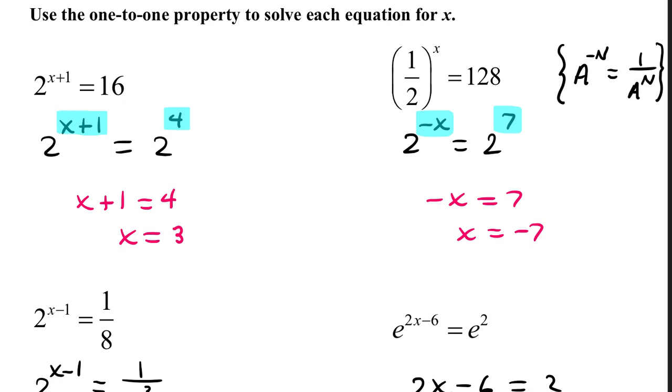If you were to multiply 7 2's together, you would get 128. Because we've created the same base number, we can take the powers and set them equal. Negative x equals 7 if x is negative 7.